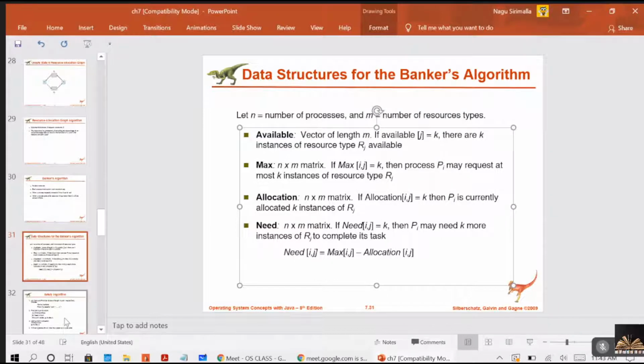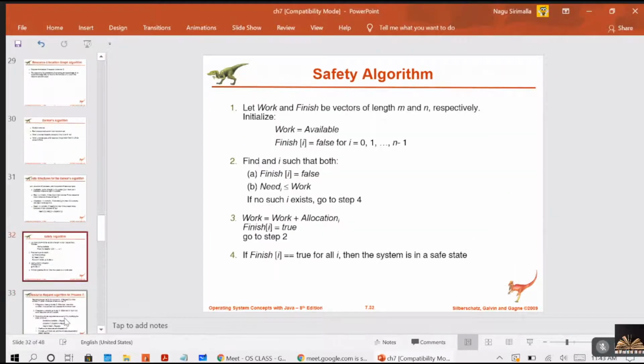Now coming to this safety algorithm. Safety algorithm finds out whether the system is in safe state or not, right? Safety algorithm is used to find out whether the system is in safe state or not, right? So you can describe the algorithm like this.